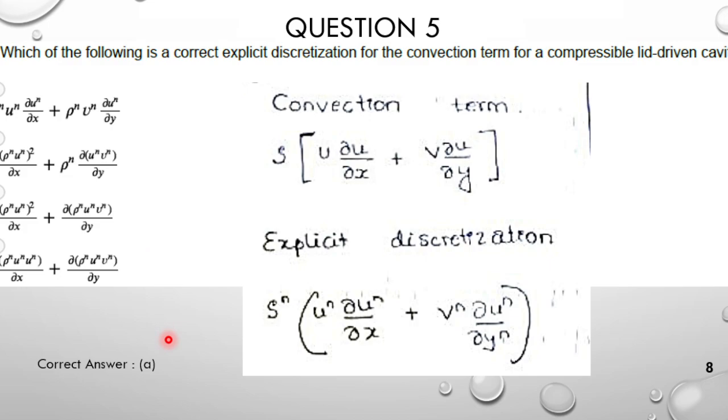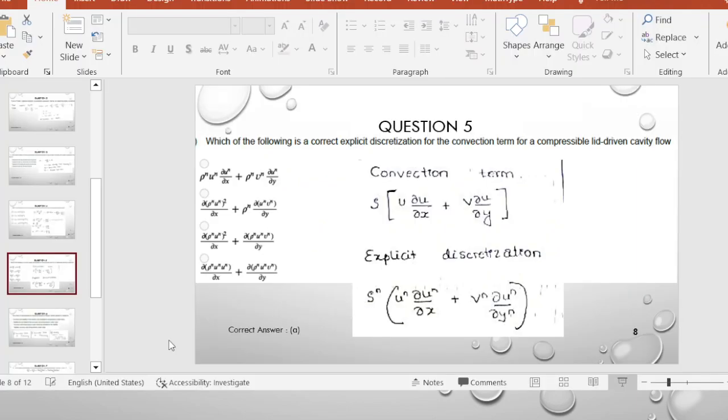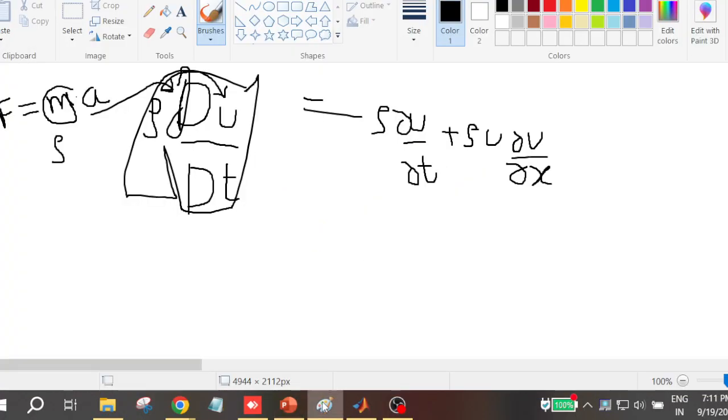And Siva, you have asked a question: will not density change when there is a change in pressure? See, that is what I was trying to explain here. There will definitely be changes in the momentum equation. It will not be the same as the incompressible flow, but we are trying to see the convective term in the question, and it is just the mass into the acceleration.